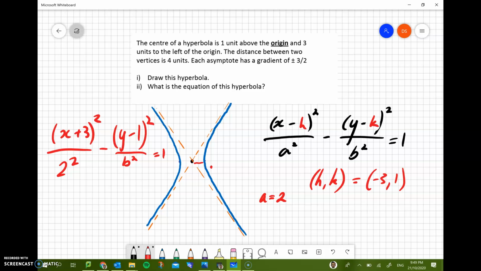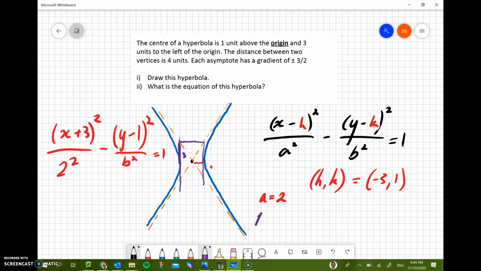Now to work out this b value, what we do is we take a straight up line from our vertex and see where they cross. And so we find that distance there is 3.